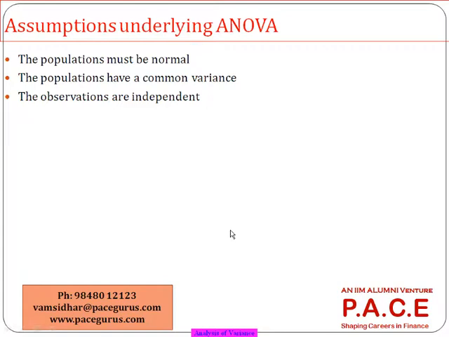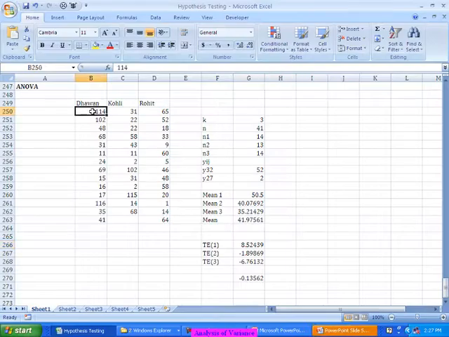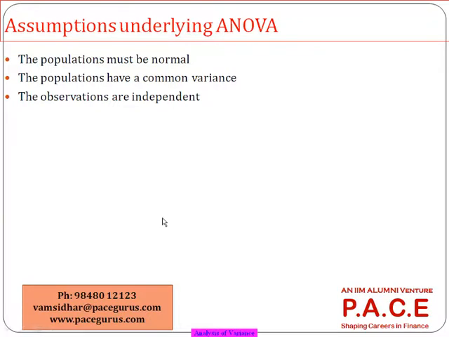So I'm assuming that the data I picked up for Dhawan, Kohli and Rohit is coming from a normal distribution. The variance for each of these three sets of people is more or less the same. Only in these cases is ANOVA applicable for us.